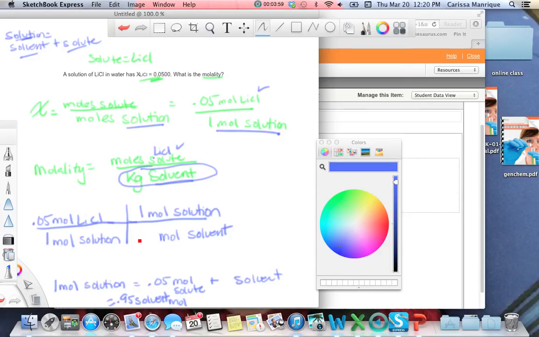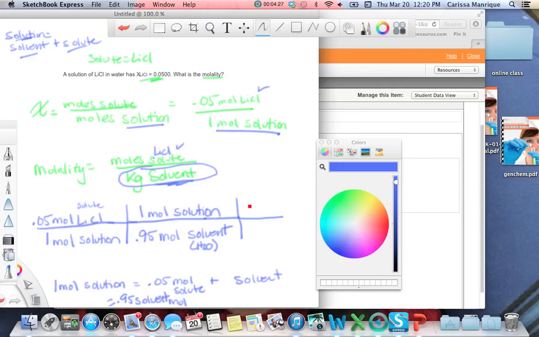So right here, I'm going to put 0.95. Again, in my 1 mole of solution, since 0.05 of it is the solute, that means 0.95 of it is the solvent. Because remember, I need to get to solvent, and we were at solution. Now I just need to convert this solvent. My solvent here is water, because it said it was in water.